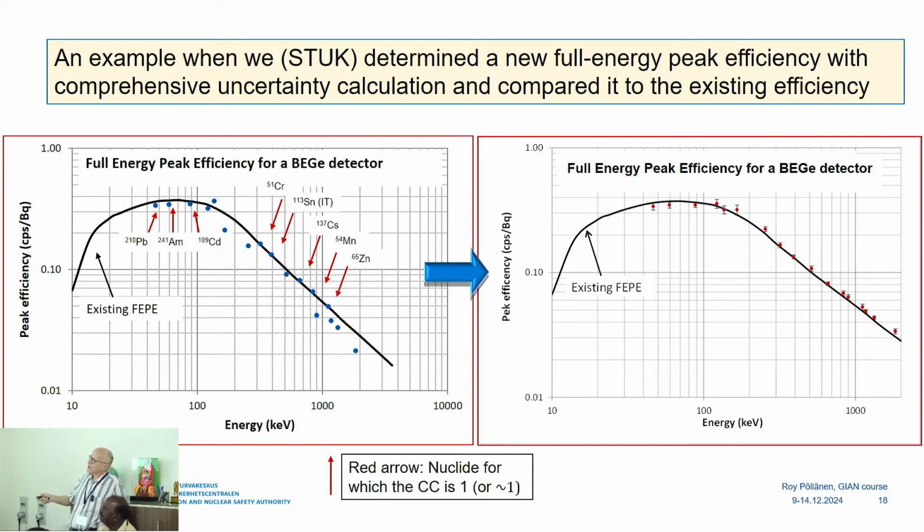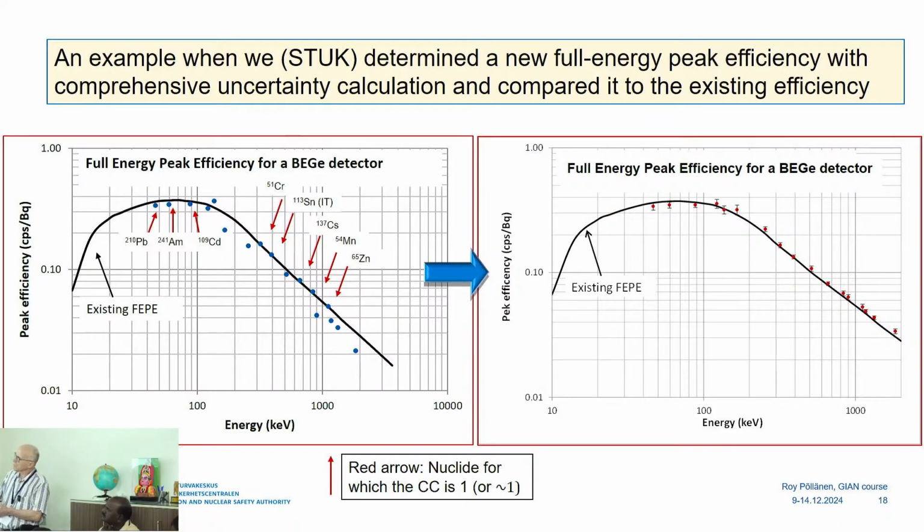This is energy here, and this is peak efficiency here. The maximum value is, of course, 1. This was our old efficiency curve as a function of energy. Nowadays, it is more or less the same. There are no big changes.